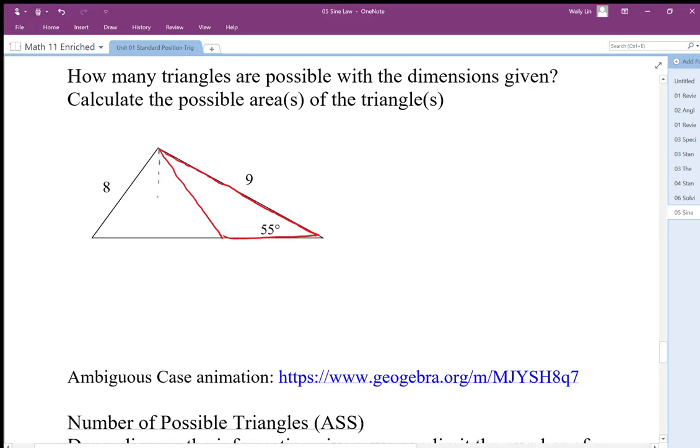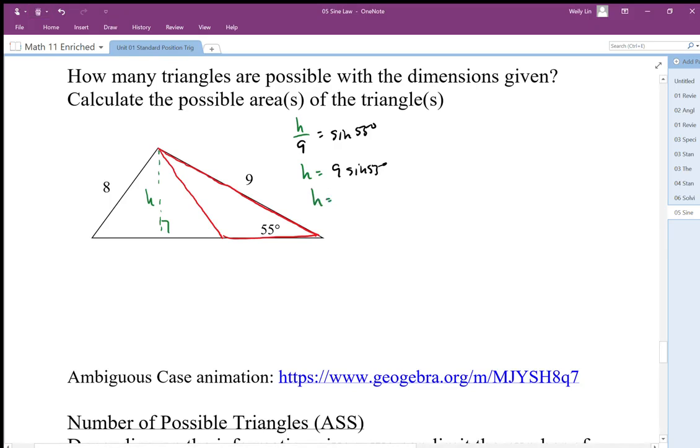I'm going to call that h. h over 9 is equal to sine of 55 degrees. So that means that the length h is equal to 9 times sine 55.